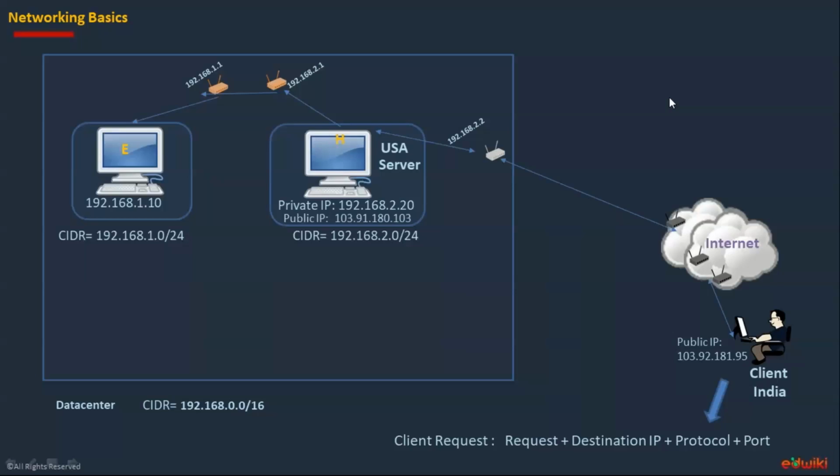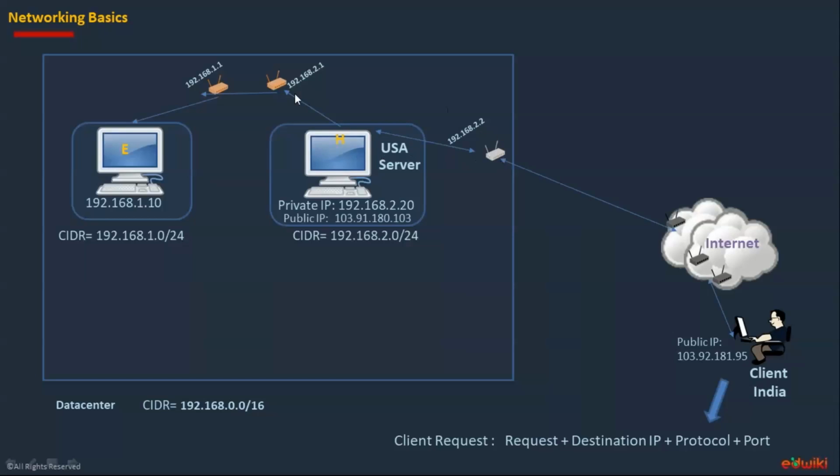Relax time. Now the question for you guys. Let's say I have the H machine, and the H machine wants to connect with the E machine. The H machine is actually connected with two gateways in this presentation. One is the 2.1 gateway device, one is the 2.2 gateway device.